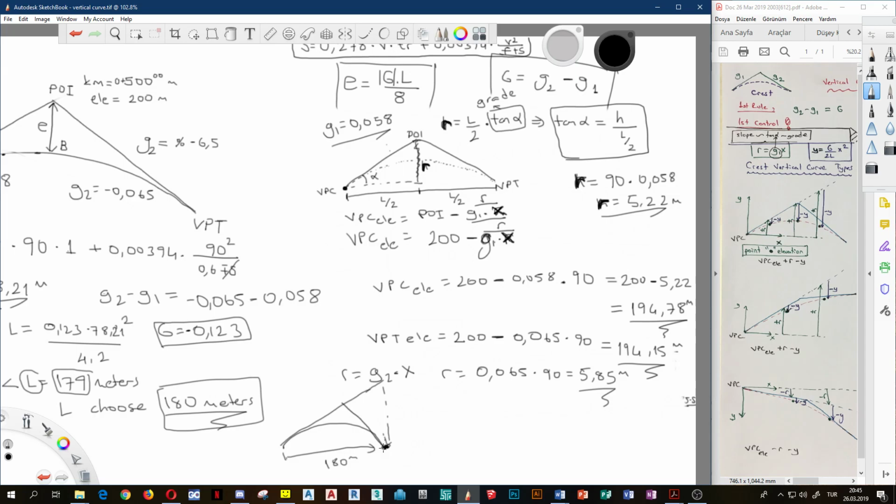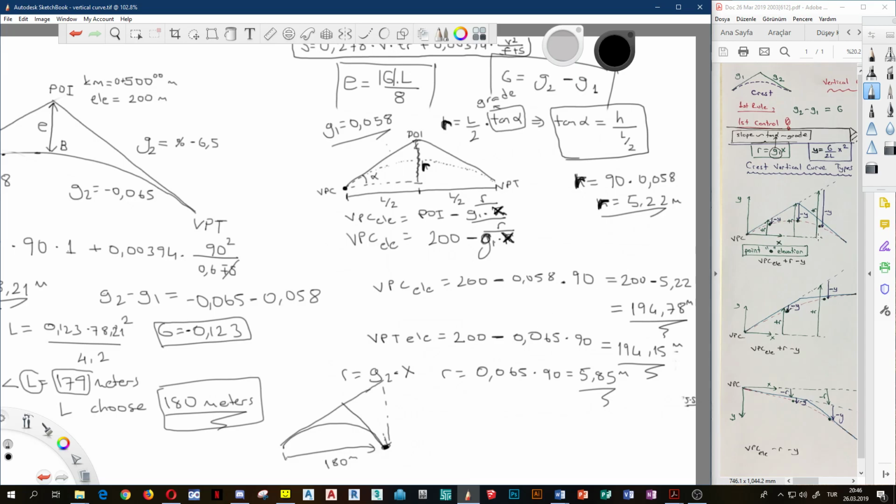How do we find that? We must know the y value. What is the y? If you go here, it's the y value. Y is g divided by 2 times L, times x squared.